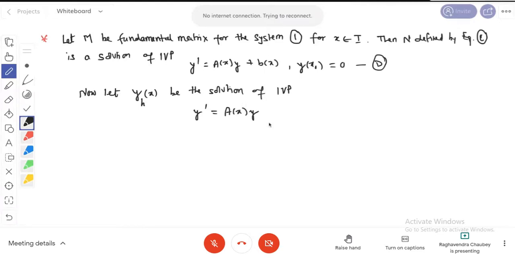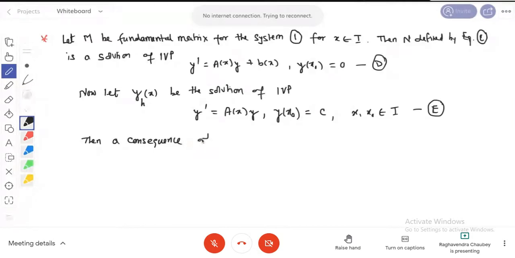So this is your initial value problem, and this yh is the solution of this system of homogeneous linear differential equations, where x and x naught of course belong to that interval I. Suppose this is equation E. Then what is the consequence of our theorem?